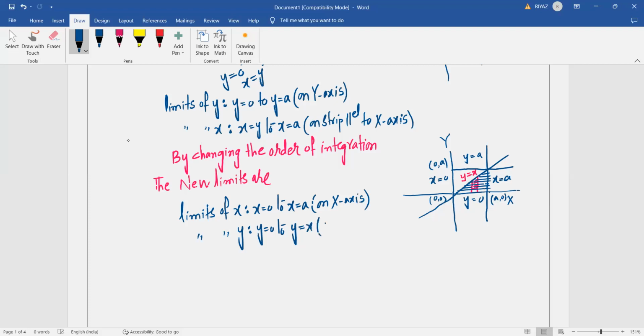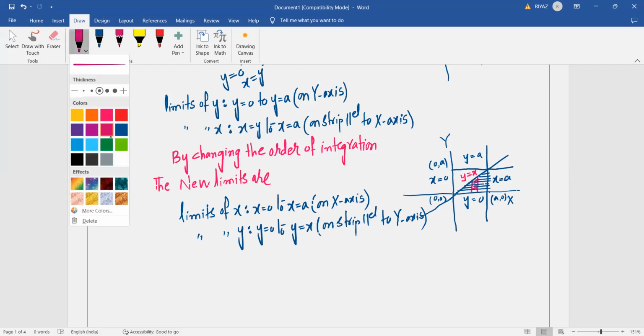On the strip, parallel to the y-axis. Therefore we have to write the answer.